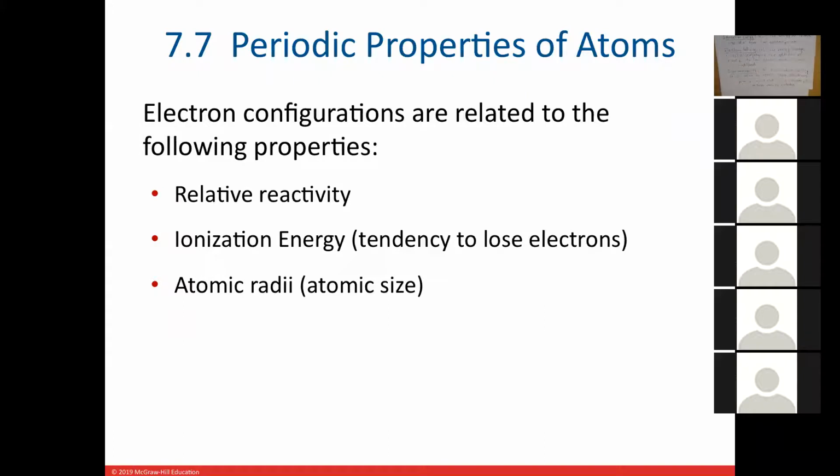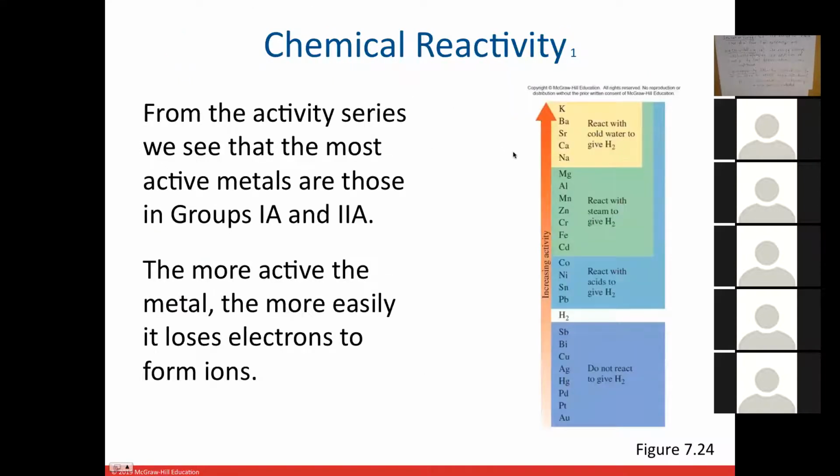The volume, if an atom is a sphere, you guys remember from geometry, the formula for the volume of a sphere, it's 4/3 pi r cubed. So a small change in a radius equals a big change in a size.